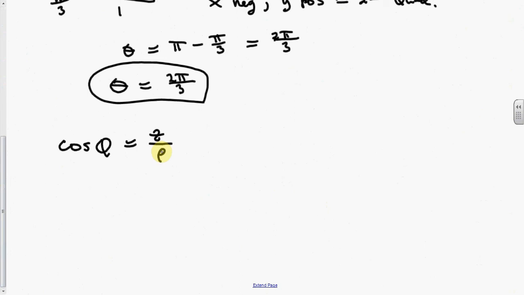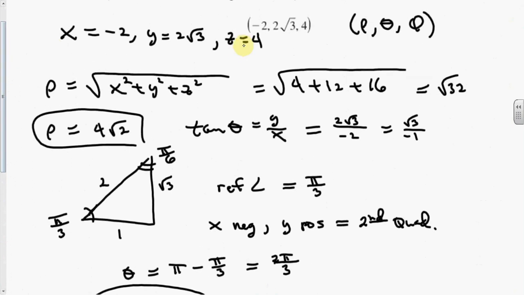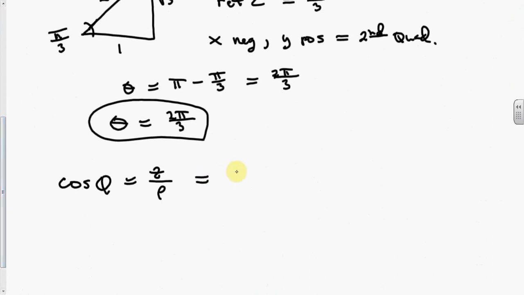The reason we're using that is because we already have z, which is 4, and we already have rho, 4 times the square root of 2. So this is 1 over the square root of 2. You recall that means phi is equal to pi over 4.